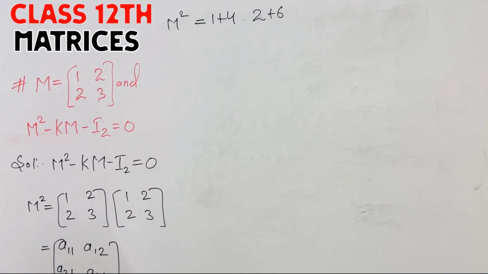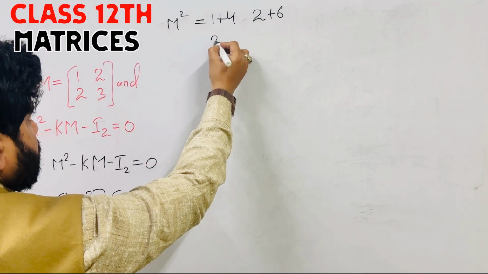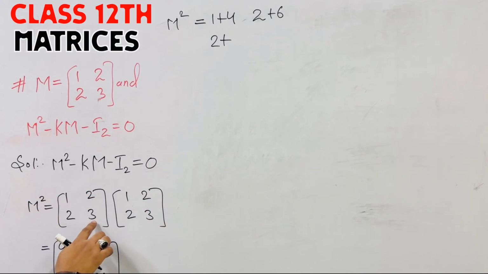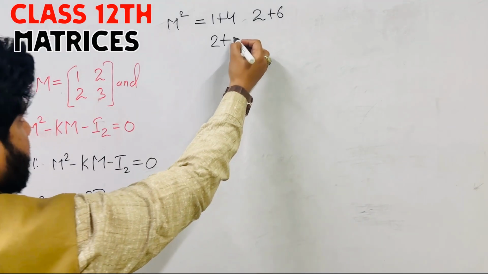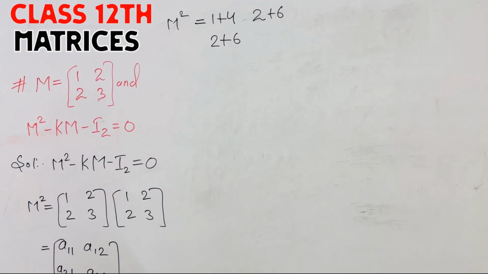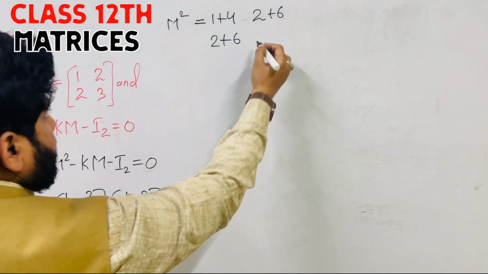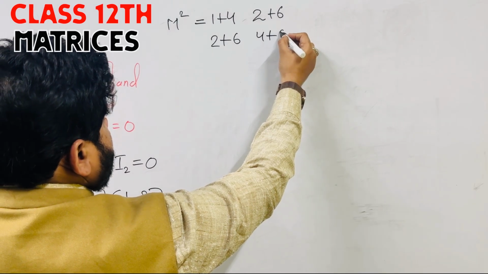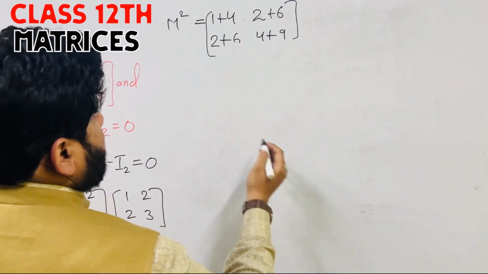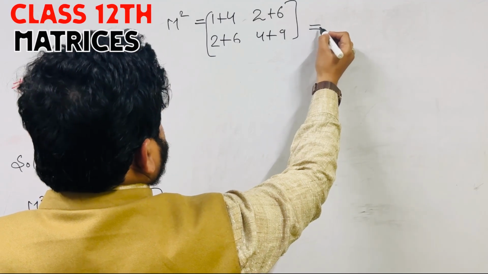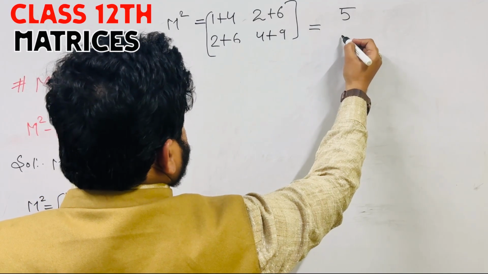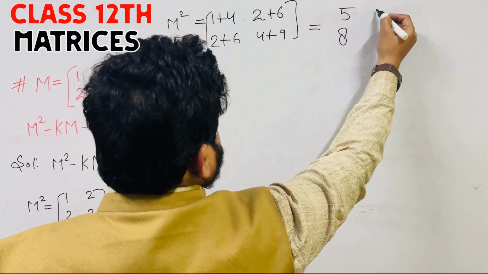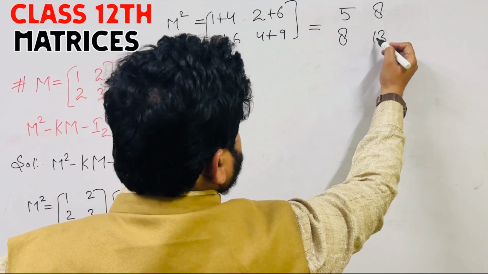Now second row first column: 2 multiplied by 1 is 2, plus 3 multiplied by 2 is 6. Second row second column: 2 into 2 is 4, plus 3 into 3 is 9. Understand? 1 plus 4 is 5, 2 plus 6 is 8, 2 plus 6 is 8, 4 plus 9 is 13.